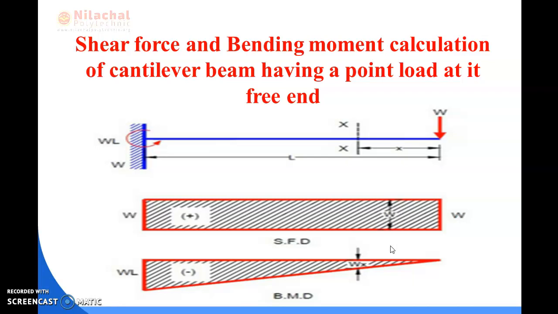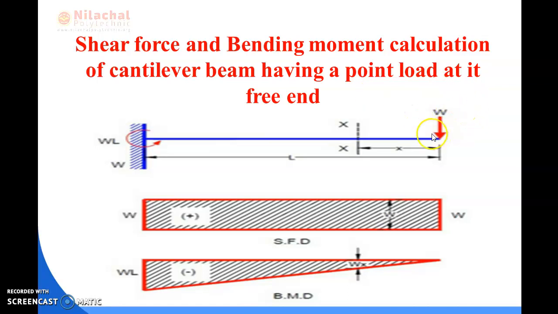Now comes to case 2, where we have to consider the total length of the beam, which is L, and your loading system is again W. Now we have to consider this loading system and the distance from here to the fixed end support. So we will apply the same formula, load into distance.